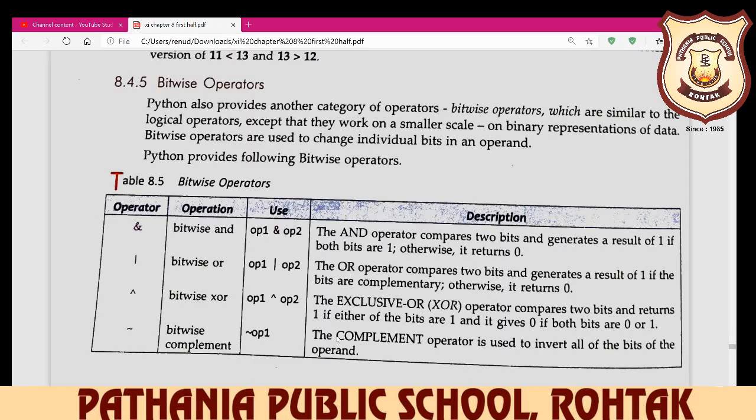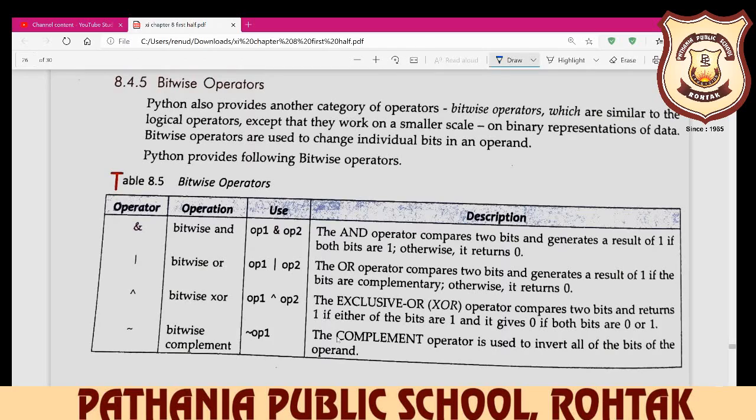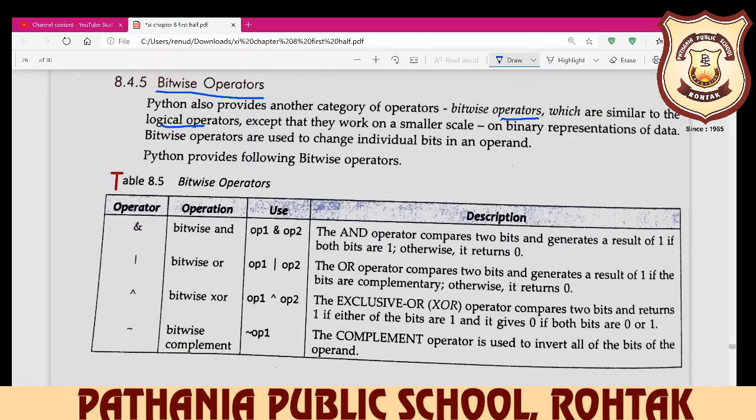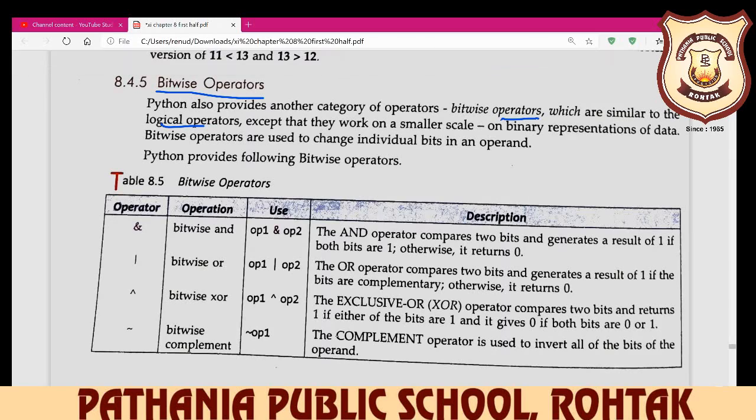Now today we learn about the bitwise operator. Python provides another category of operator, the bitwise operator, which is similar to the logical operator. In the logical operator, three operators are there, so in the bitwise operator also there are three, plus one addition.